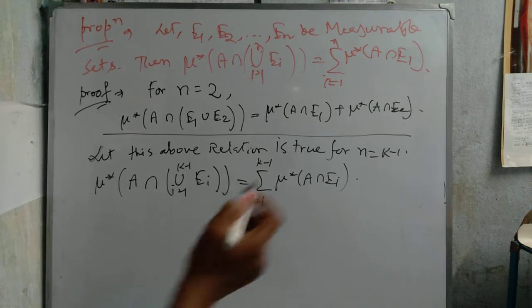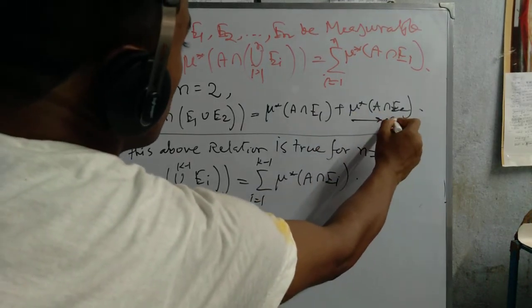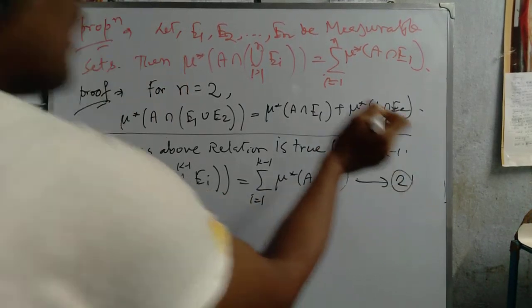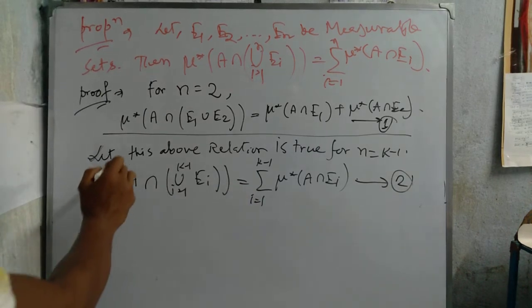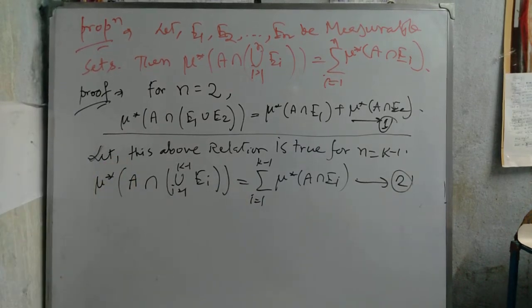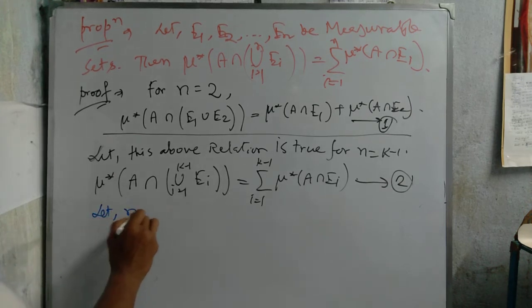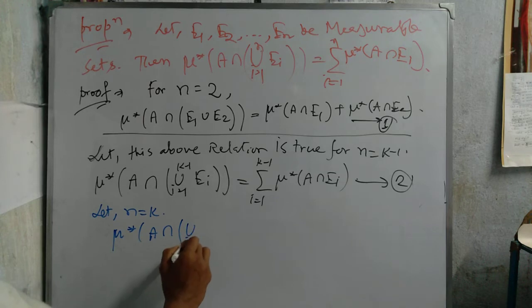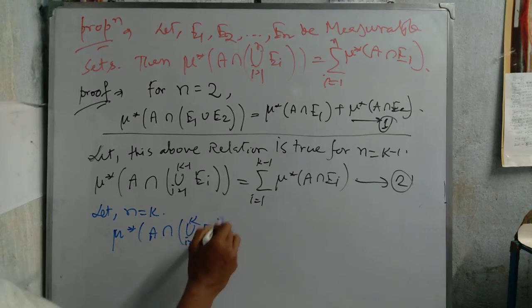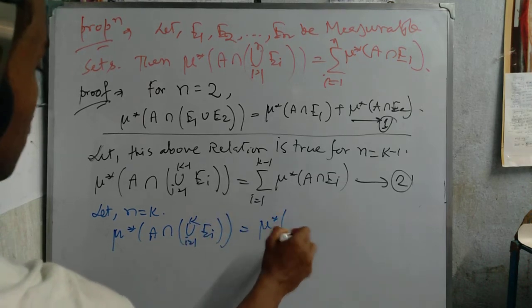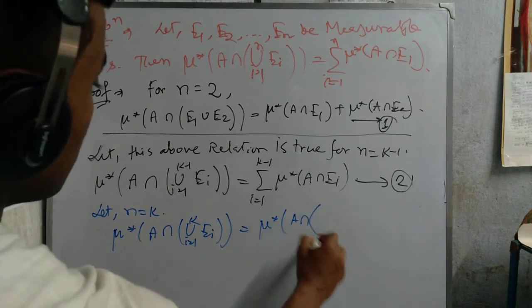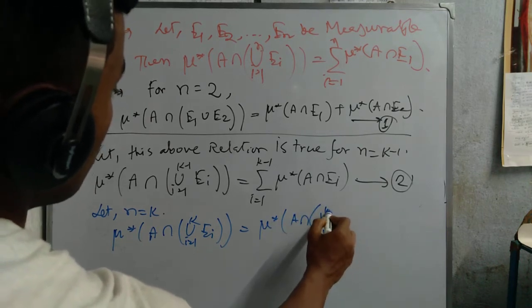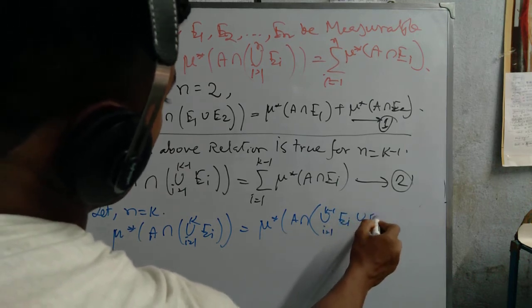This one is true. Marked: this one is 1, this one is 2. Now we proceed with further steps. We take n equal to k. Then we see A intersection the union over i equal to 1 to k of Ei equals A intersection the union over i equal to 1 to k minus 1 of Ei, union Ek.